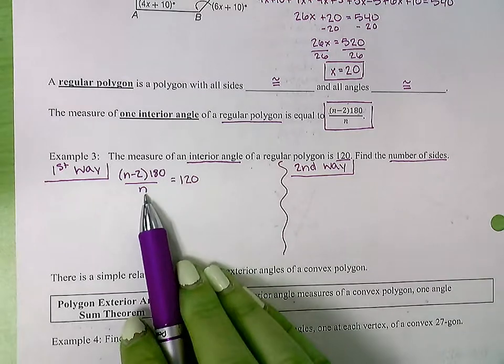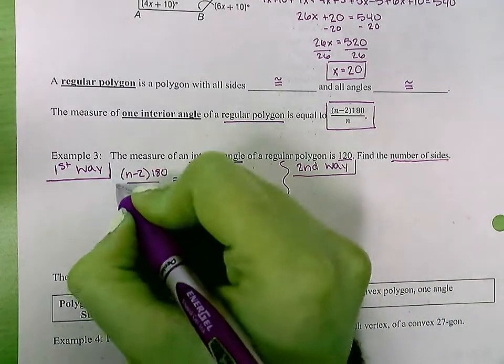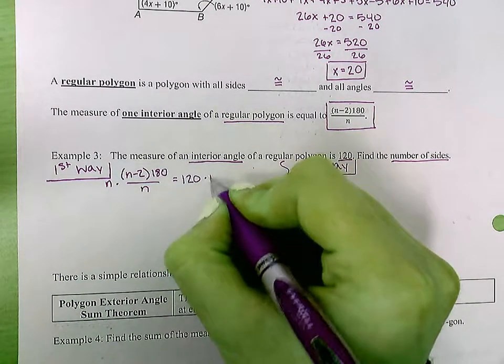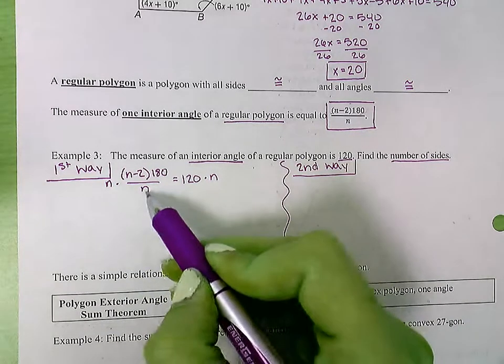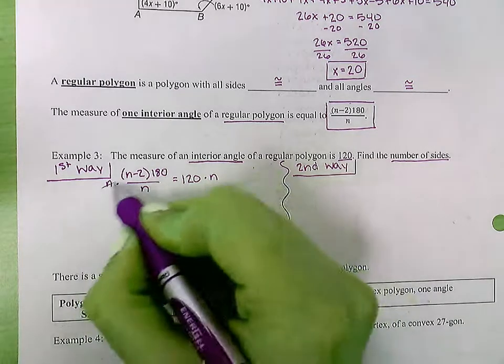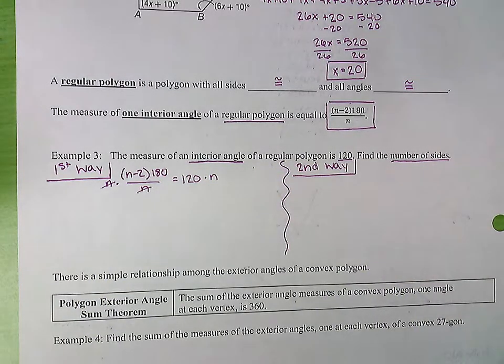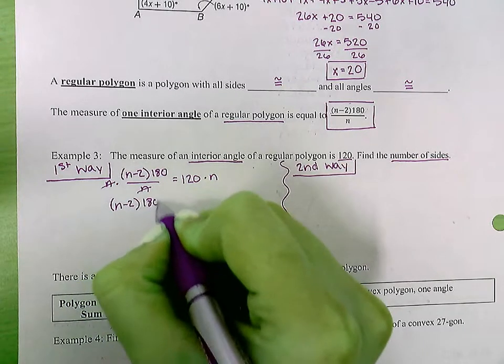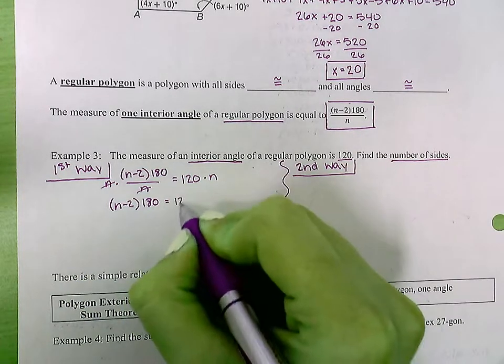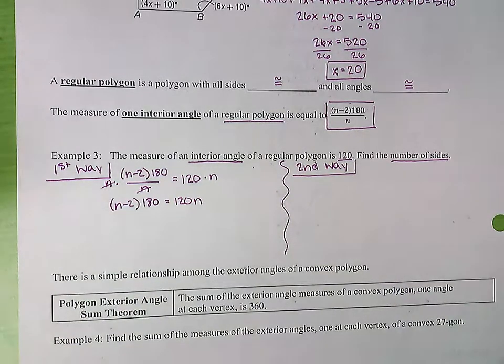So to get n out of the denominator here, I'm going to multiply both sides. That way over on the left side here, those cancel out. So I have n minus 2 times 180 is equal to 120n.